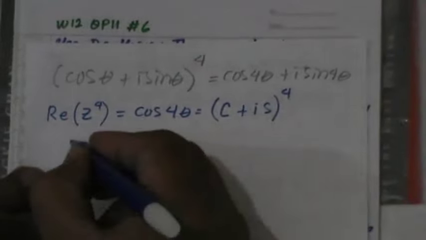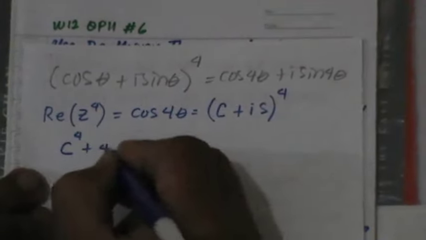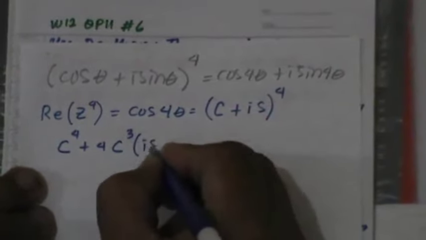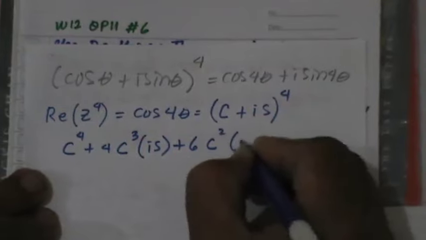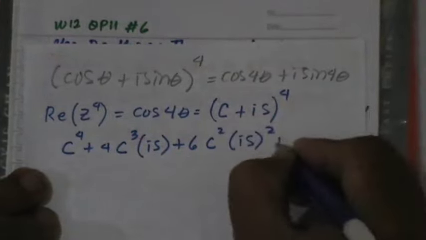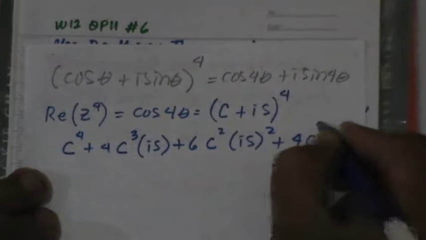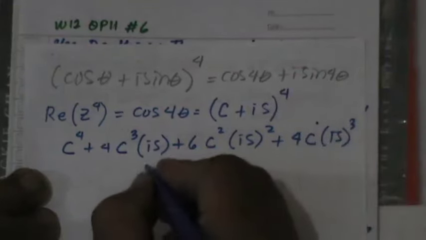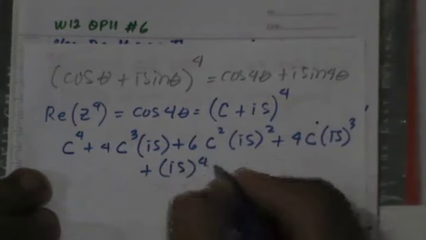So that is c to the 4 plus 4 times c cubed times is plus 6 c squared i squared s squared plus 4 c i cubed s cubed plus i to the 4 s to the 4.